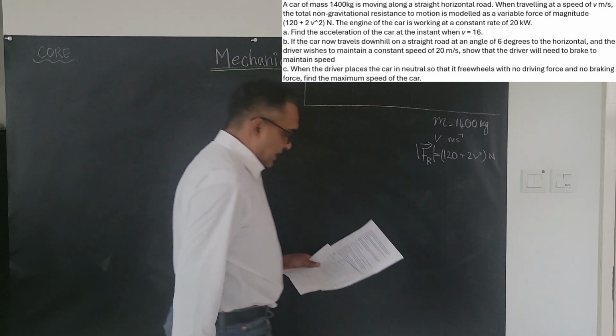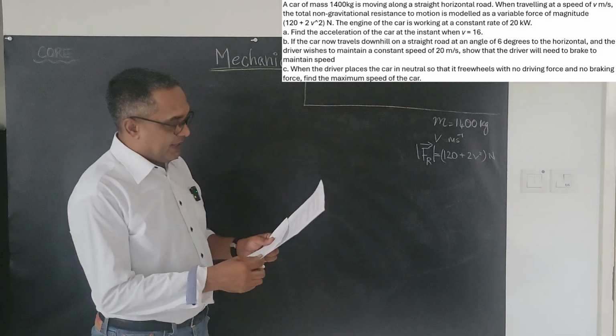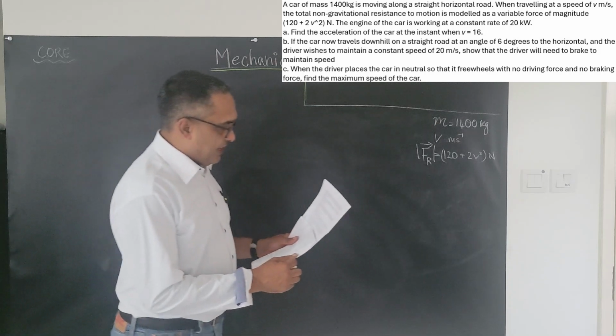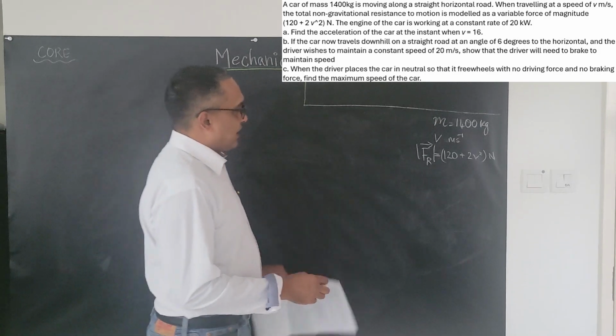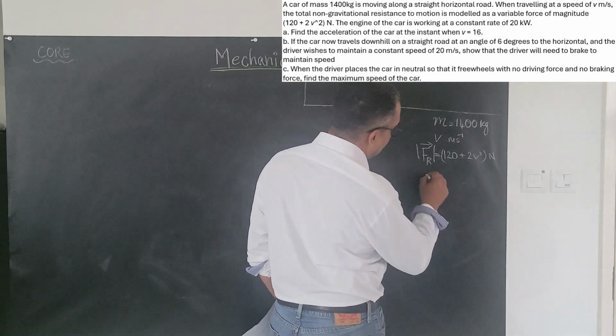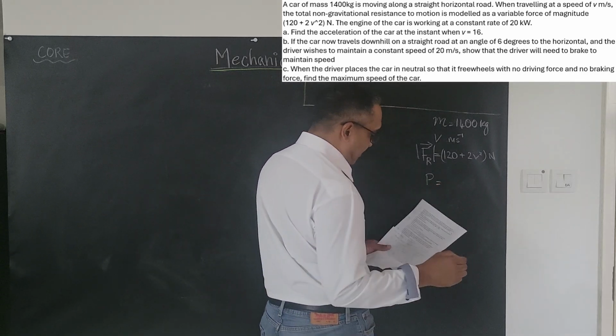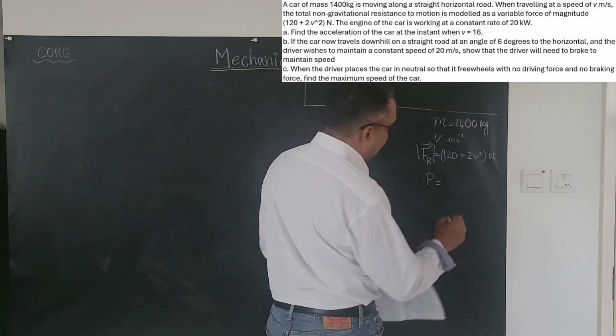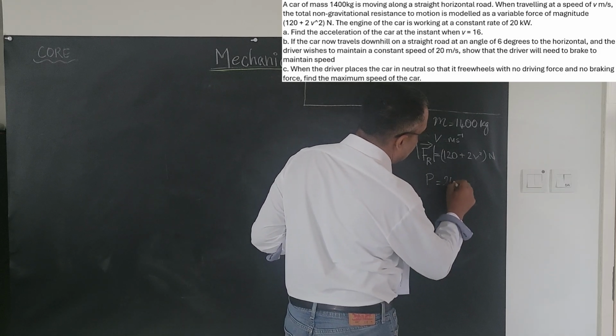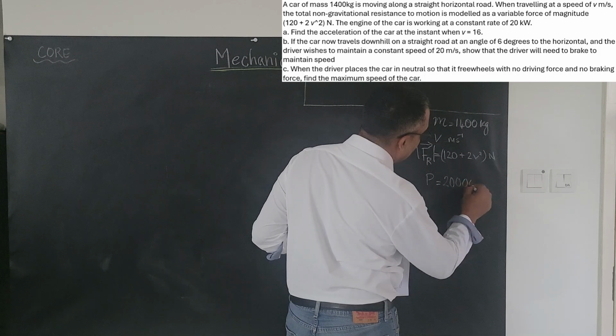Don't forget the newtons. And he has provided that the engine of the car is working at a constant rate of work. I always like that. Basically, power is equal to 20 kilowatts. I'm going to write that as 20,000 watts.